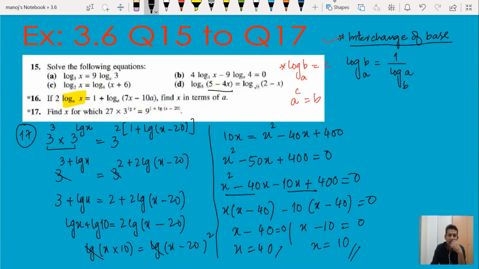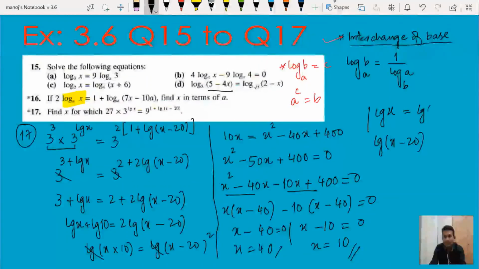Okay, the problem is that when we get the results, we have to verify which one is rejected. Sometimes we have to check. You can see log x is here in the power, and x minus 20 is also there. When I write 40 here, this is log 40, there is no problem.